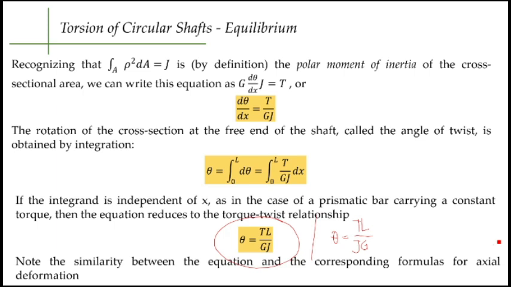Anyway, they're just variables that represent something, and since we put the two variables side by side, they are in multiplication with each other, so you can interchange them. So TL over JG or TL over GJ.